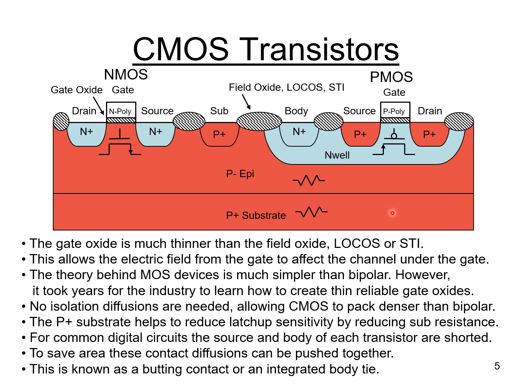If we look at the NMOS transistor, you might notice that the body is tied to the substrate, and that contact is labeled sub. Now the substrate here is actually drawn as two separate regions. We have the P plus substrate, which is a highly doped P substrate on the bottom, and a P minus epi region on top.